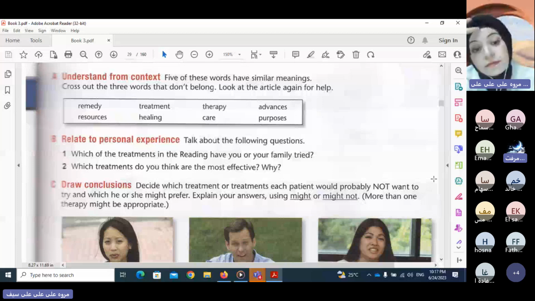Even if you have a headache, you go straight to tablets to relieve the headache. So I think all of us have conventional treatment. It is very helpful, and I trust it very much.